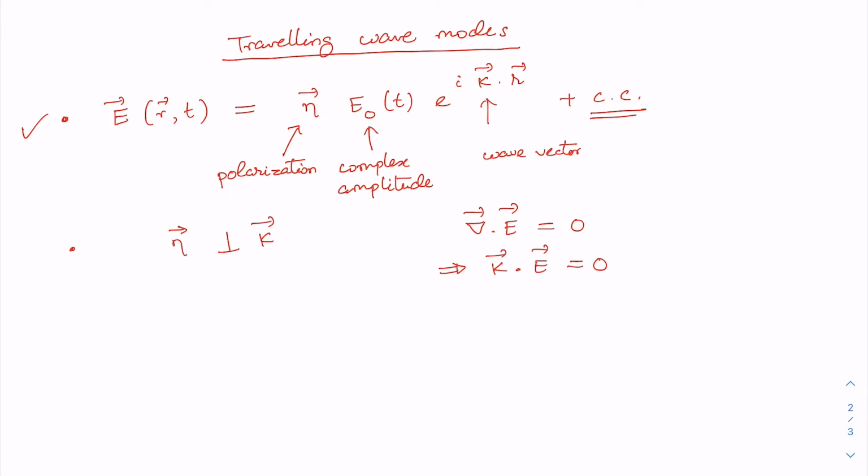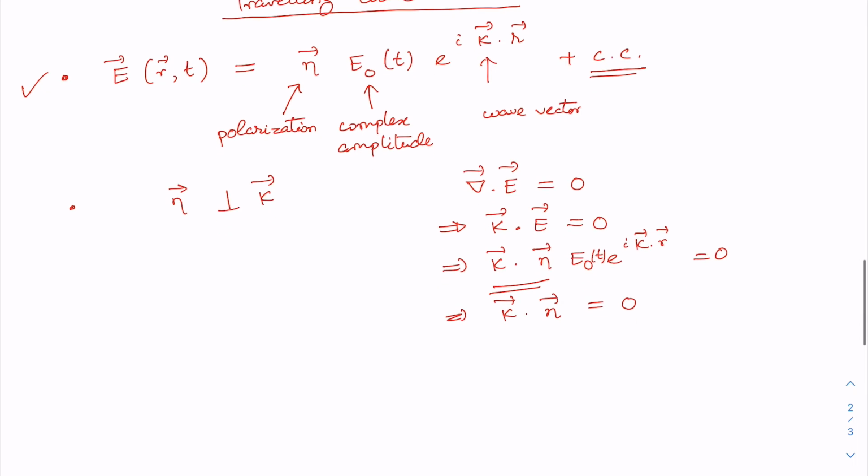So k dot E is equal to 0. So therefore it is k dot eta E0 e to the power i k dot r, okay, so this would be equal to 0. So that implies that k dot eta, the polarization direction or electric field direction, this dot product is 0. So therefore eta has to be perpendicular to the propagation direction.